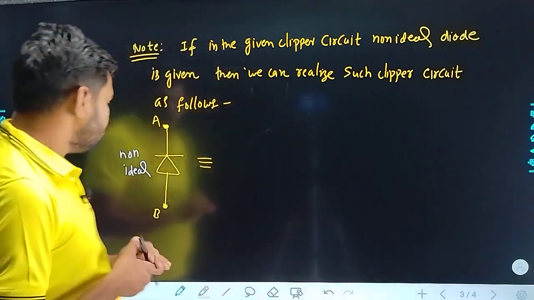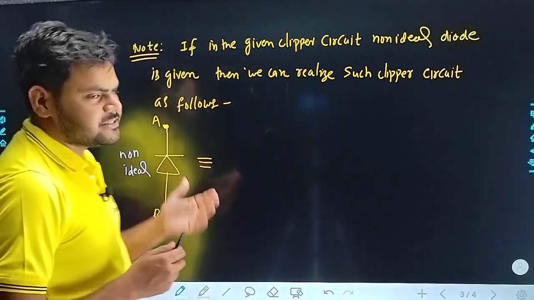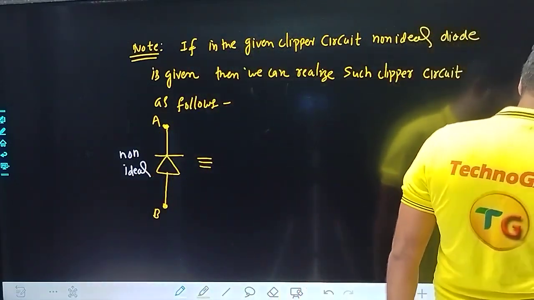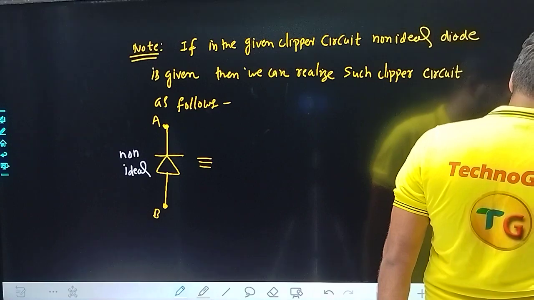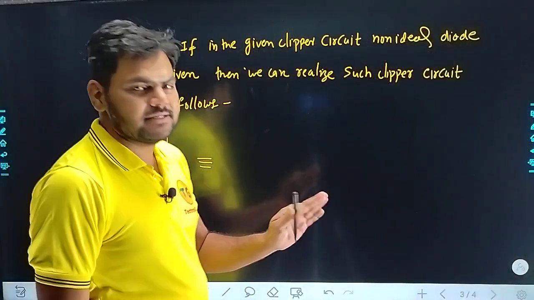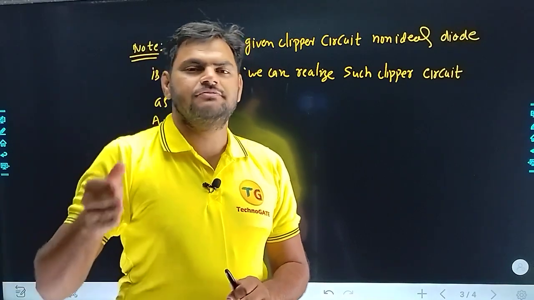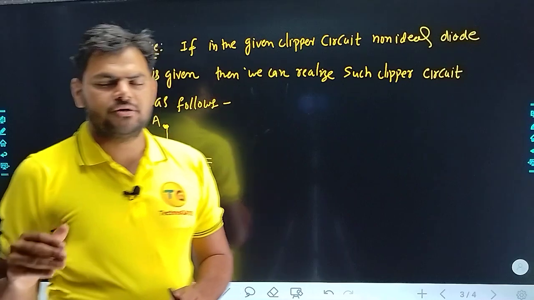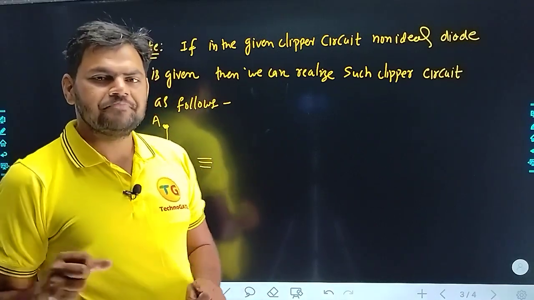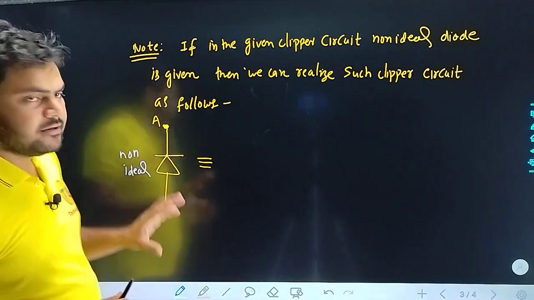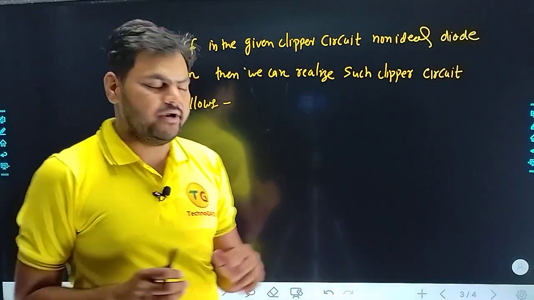But the ideal diode will come into conduction even if the applied voltage is less than the cut-in voltage; just as it crosses the positive value, the ideal diode will conduct. But this thing does not happen with the practical diode. The practical diode requires a significant cut-in amount of voltage.